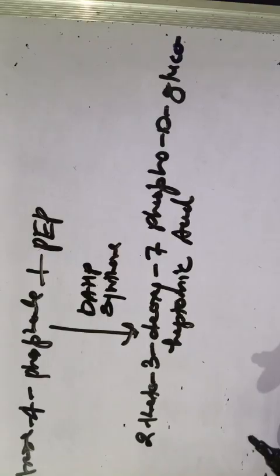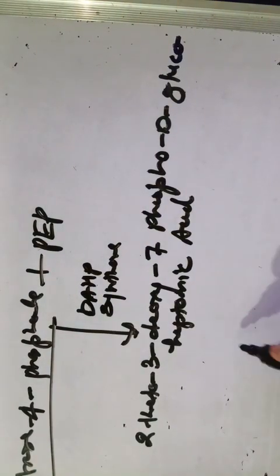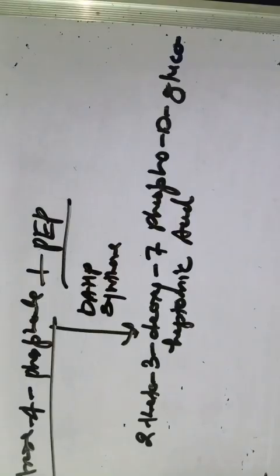The compound erythrose 4-phosphate is obtained by the HMP shunt, and the second compound, phosphoenol pyruvate, PEP in short, is obtained by glycolysis. In the presence of DAHP synthase enzyme, 2-keto-3-deoxy-7-phospho-D-glucoheptonic acid is formed.